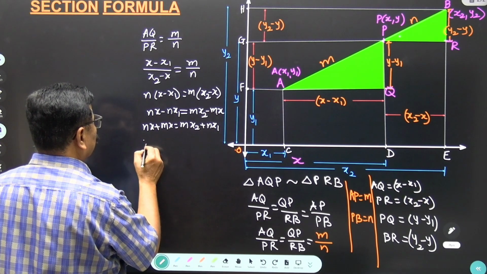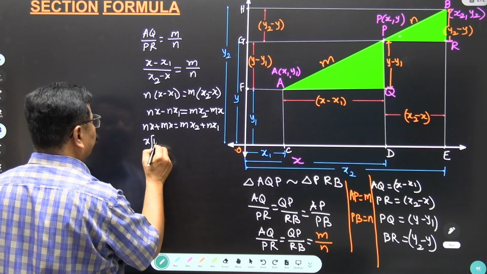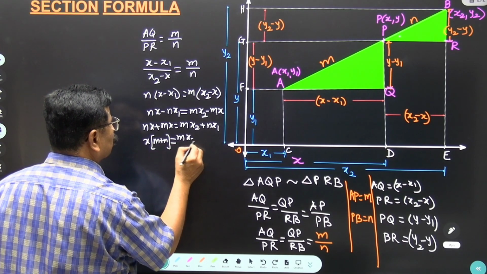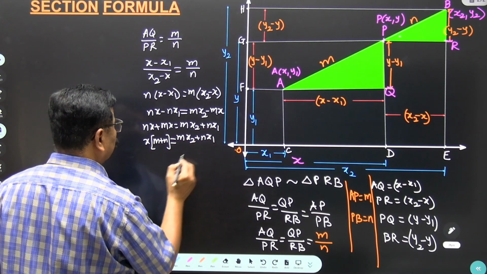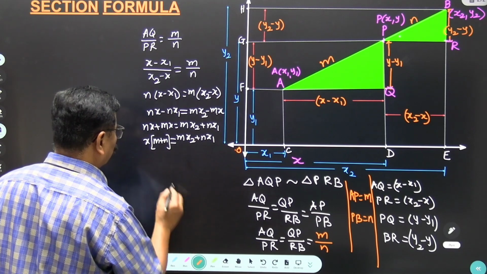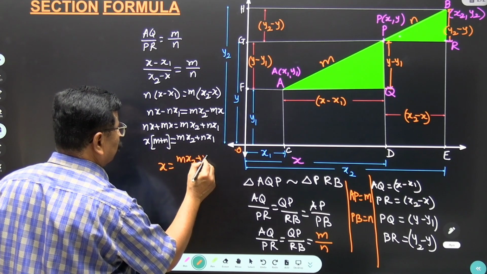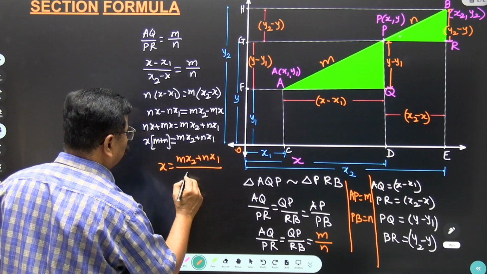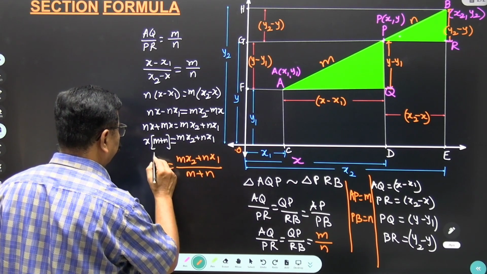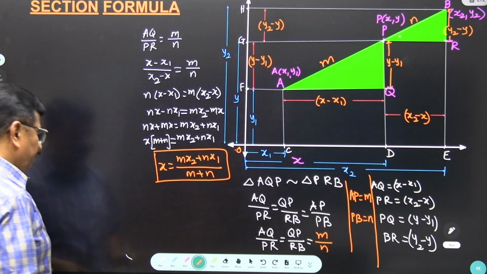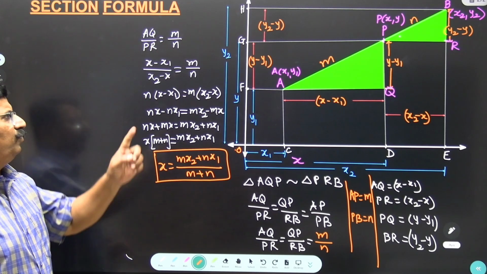Hence x into bracket M plus N is equal to Mx2 plus Nx1. Hence we get x is equal to Mx2 plus Nx1 divided by M plus N. So this is the x coordinate of the point P.